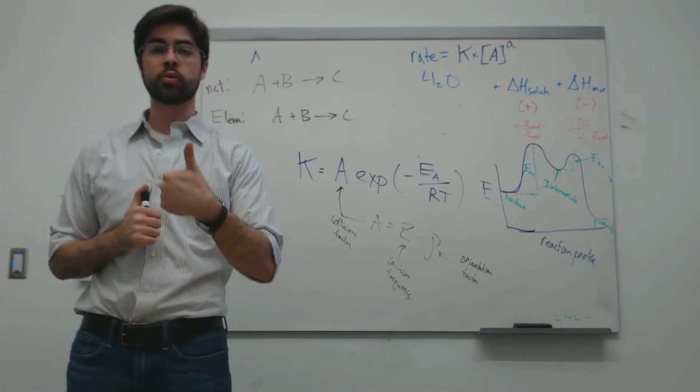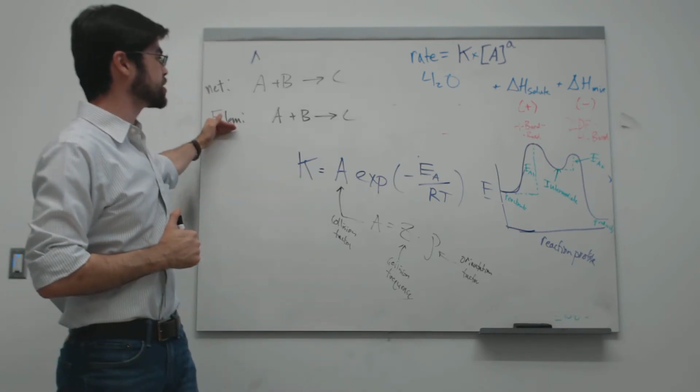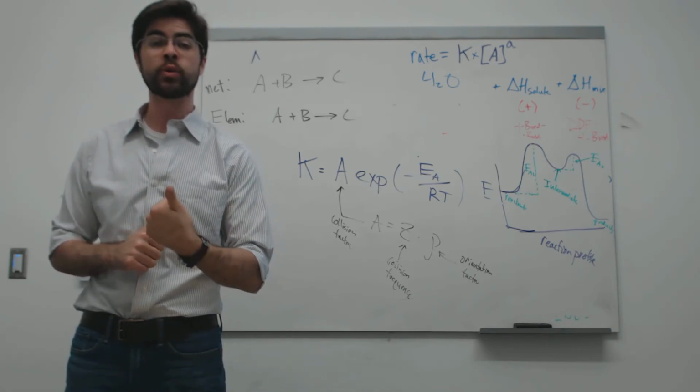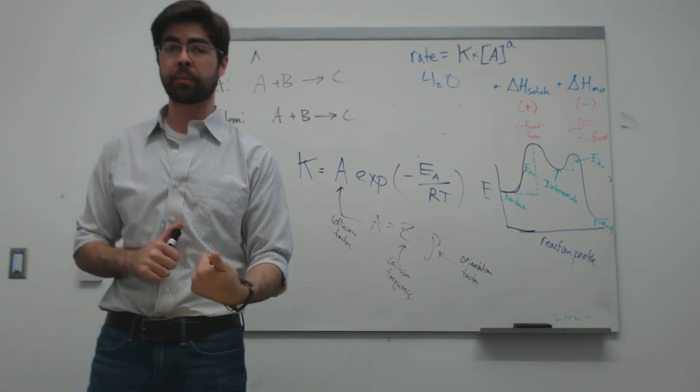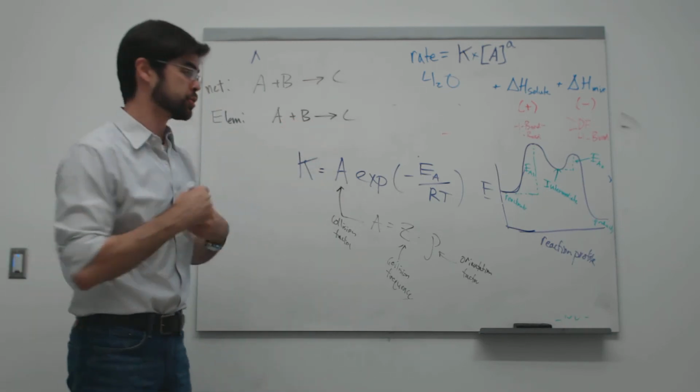So you would need to do a couple of things. It would only be true that this is the only elementary reaction if it occurs in one step, and you would need to check that the experimental rate law matches the rate law for that one elementary step.